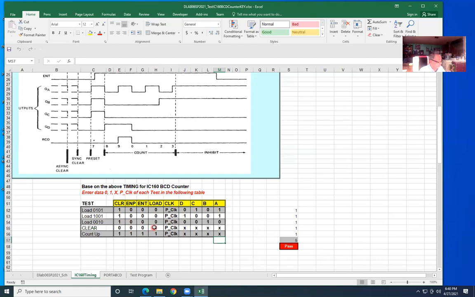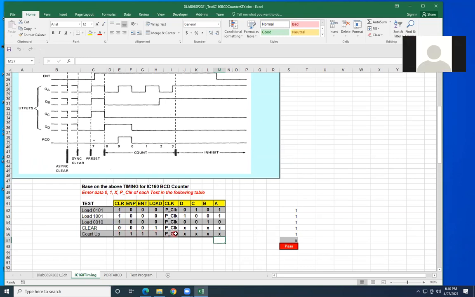By the way, for this IC, the clock controls everything. If you want to clear, you also need to apply the clock, and then it will clear. If you want to load, you also have to apply the clock, and then it will load. So the clock controls everything on this IC. So this is clear here, input here, clear here, 0, 0, 0, 1.